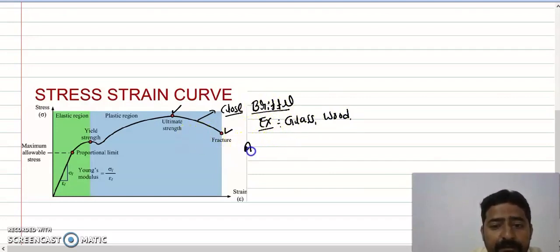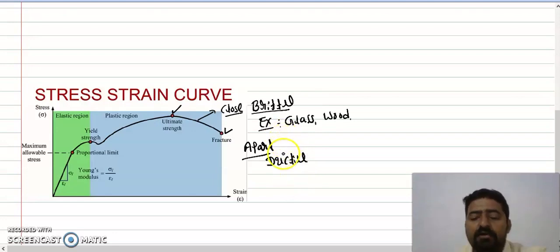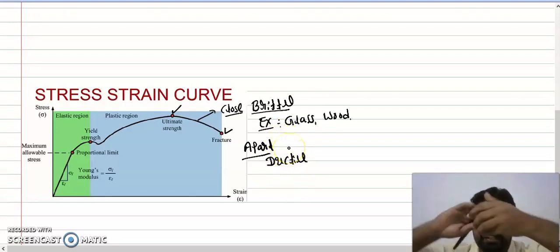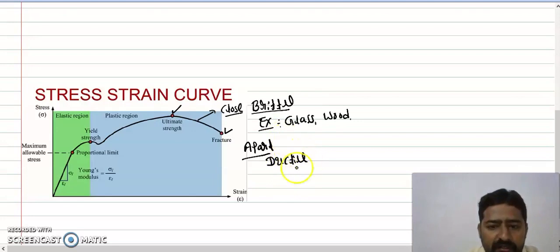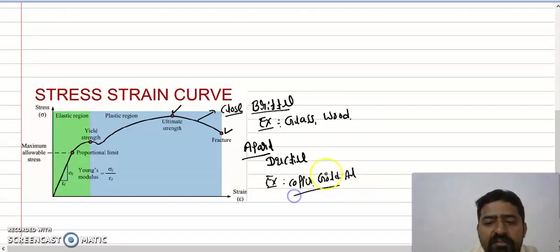If they are apart, those materials are called ductile. They don't break quickly; they extend and then get cut. For example, copper, gold, aluminum. These materials are called ductile.